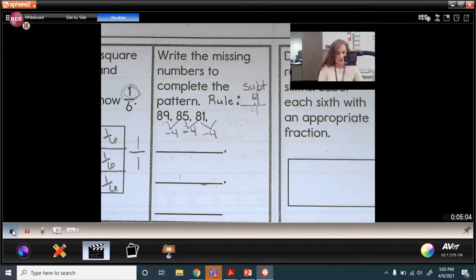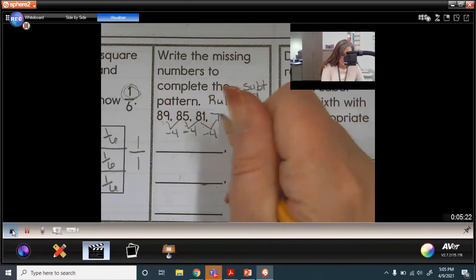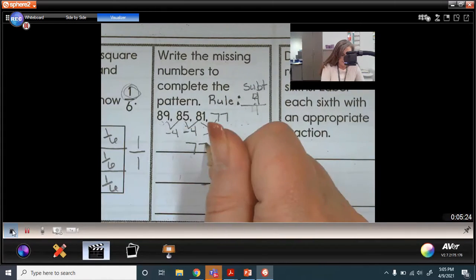So to do that, we are going to subtract 4 again. So 81, we count back 80, 79, 78, 77. So when I subtract 4 more, that's going to be 77. So I'm going to place that here.